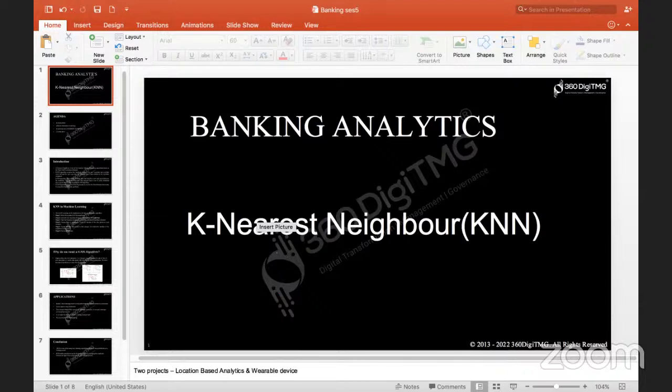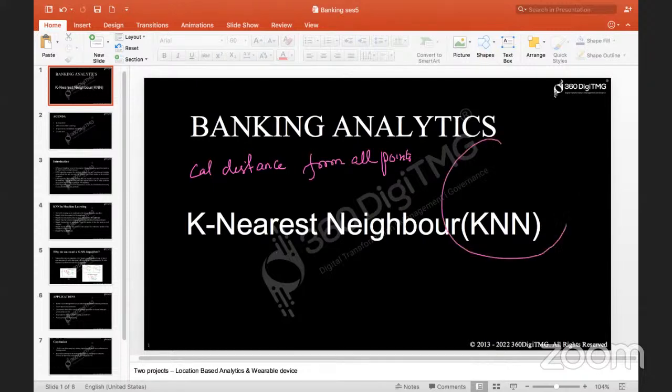But how KNN does it is that it tries to calculate the distance from all the points to the unknown data point and filters out those people.